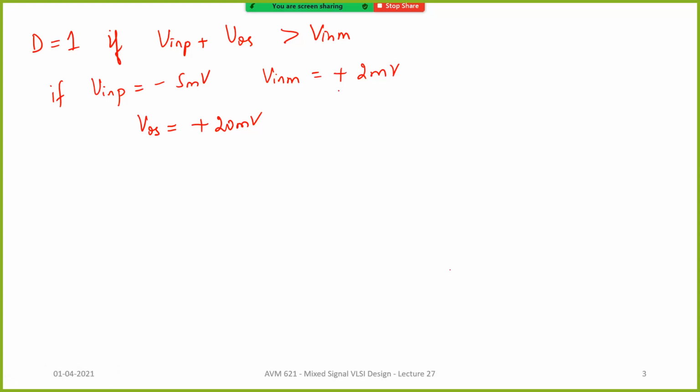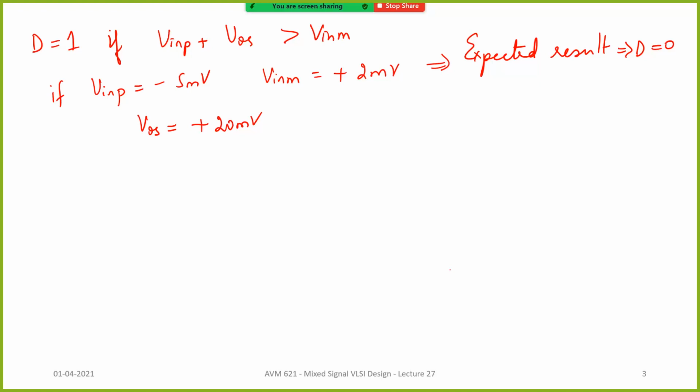Now the expected result is basically D equal to 0, correct? Because your input plus voltage is lesser than your minus voltage, and the difference is about 7 millivolt. So obviously you expect your comparator to give you a 0.